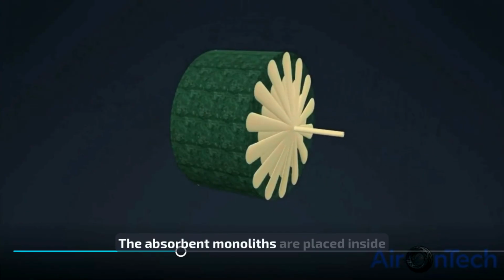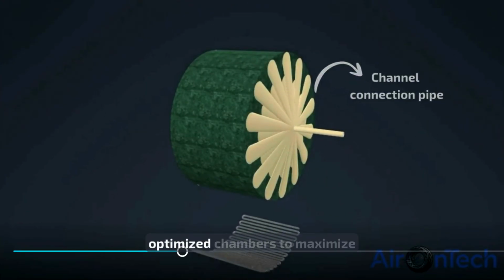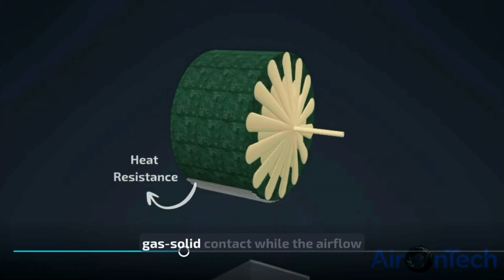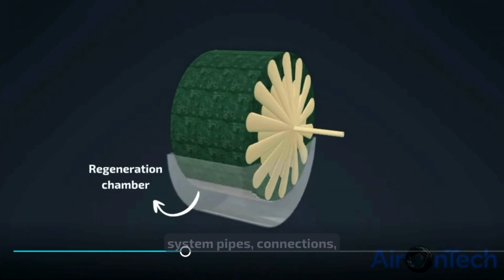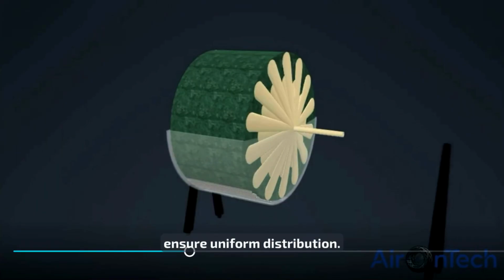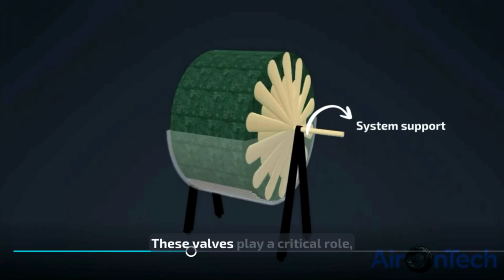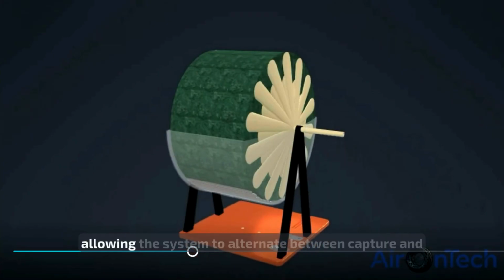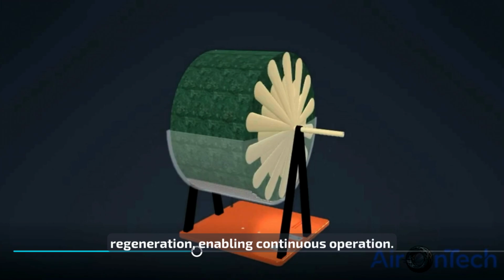The adsorbent monoliths are placed inside optimized chambers to maximize gas-solid contact, while the airflow system pipes, connections, and control valves are assembled to ensure uniform distribution. These valves play a critical role, allowing the system to alternate between capture and regeneration, enabling continuous operation.